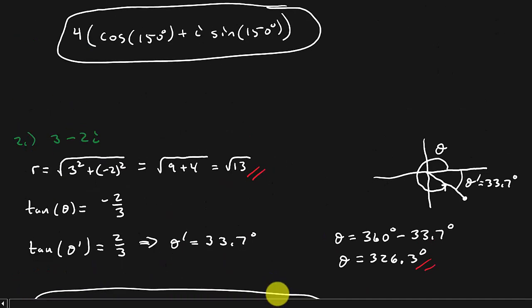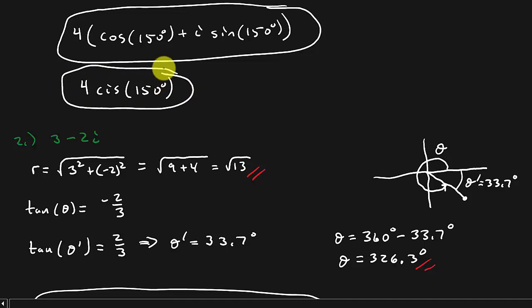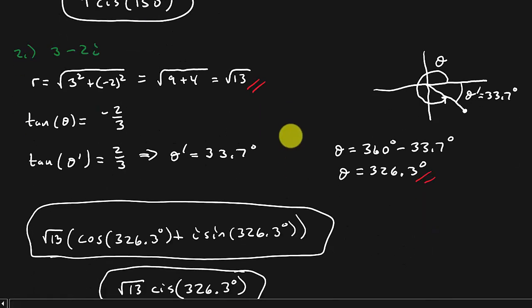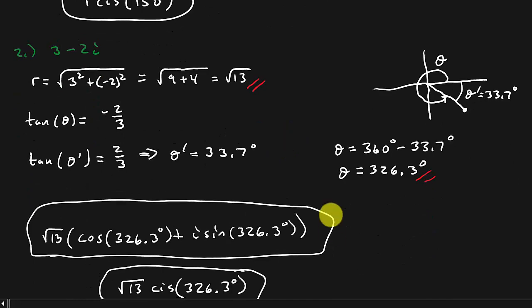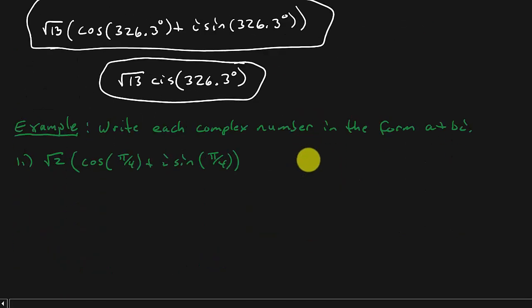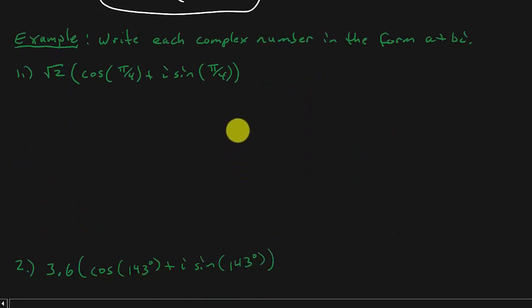Just like up here, if we wanted to, we could write this as 4 and then cis, either way. Write it written out or write it in the abbreviated form. In my class, I don't care which one you write it in. I'm happy if you get it right. But check with your teacher to make sure you can write it in either form.